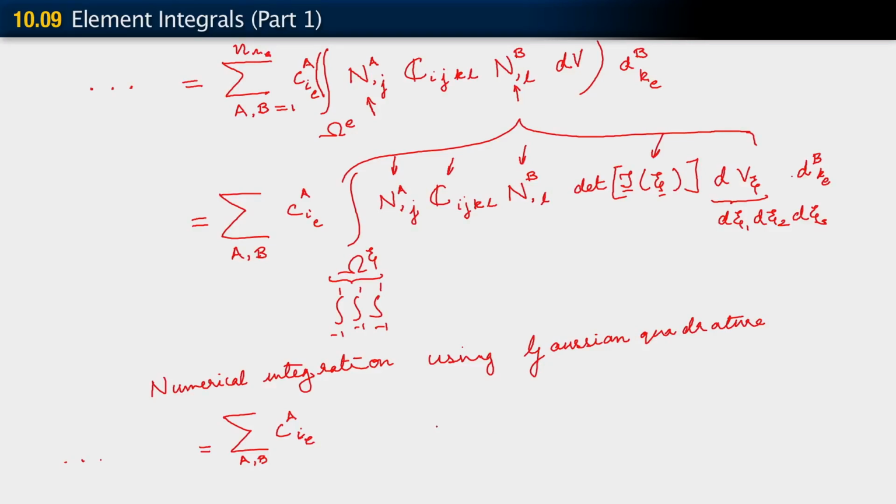So when that integral is done, we will be left with a dB KE, which is this one. I've left some blank space there because I want to fill it in with something, and I want you to think of what kind of object goes in there. In particular, is it a scalar, a vector, or a tensor?